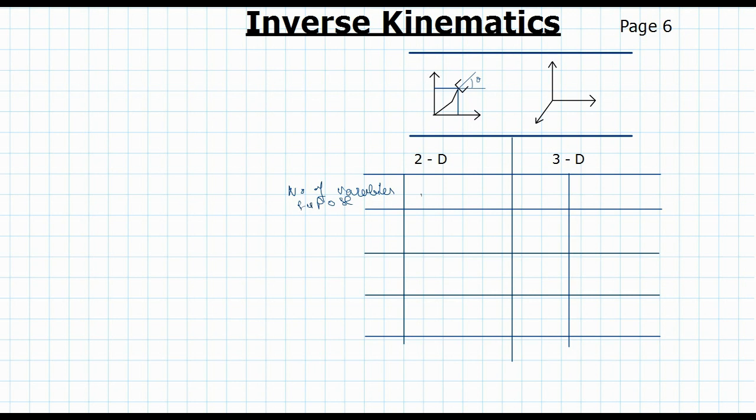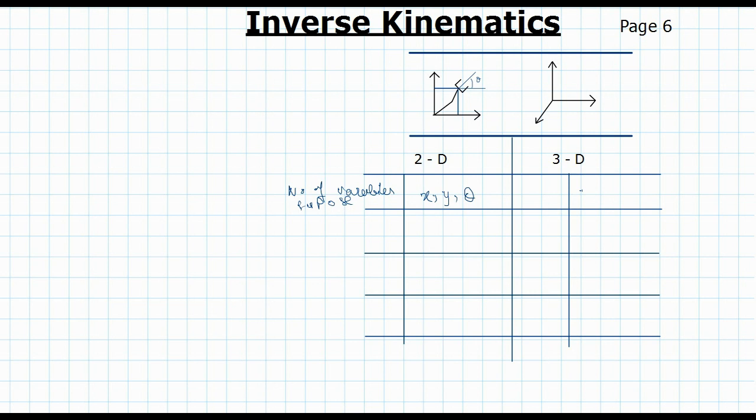Number of variables for pose for the 2D case. If I want to specify the position and orientation, I would need x, y and a theta. So we write x, y and a theta. We need 3 variables to fully specify a pose in 2D.